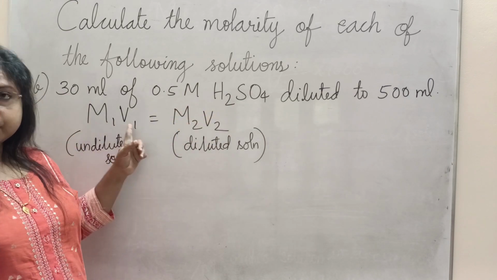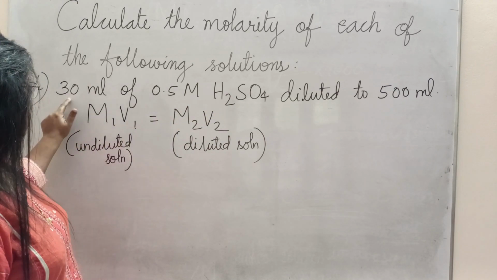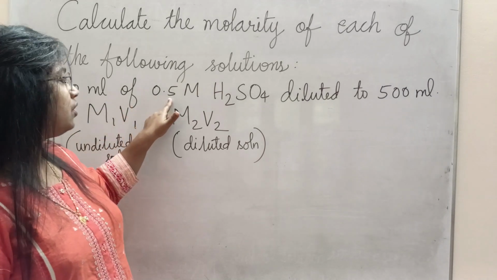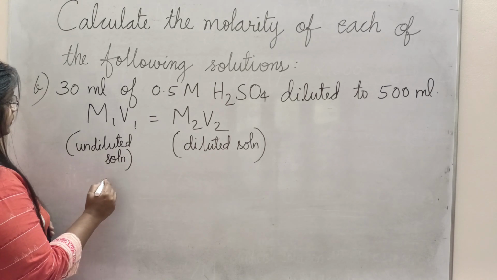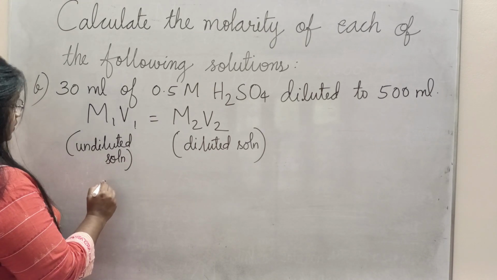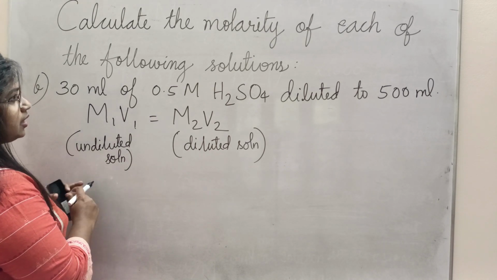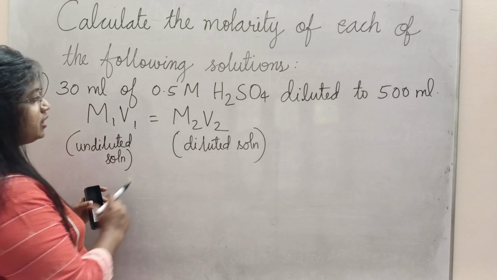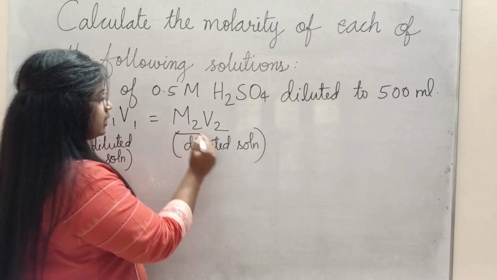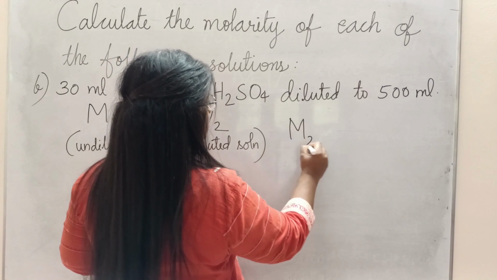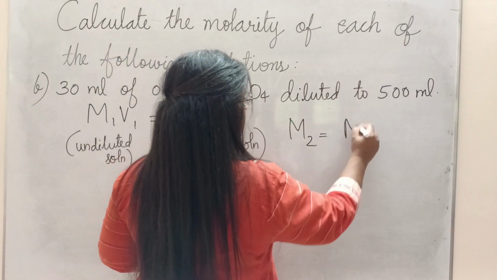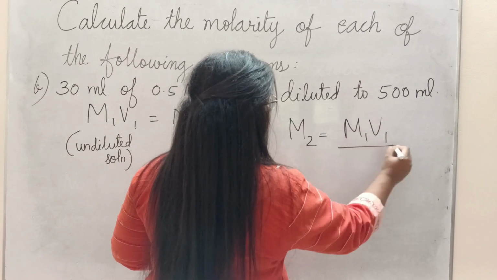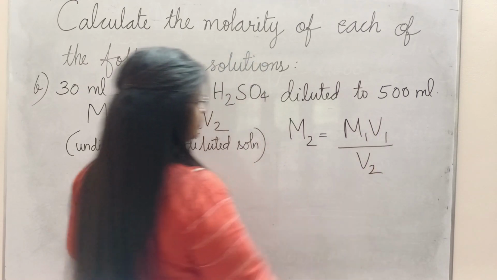That is 30 ml of 0.5 molar. So substitute it here. Here you are asked to find the molarity, so M2 is what we need to find. When you rearrange the equation, you will get M2 is equal to M1V1 by V2.